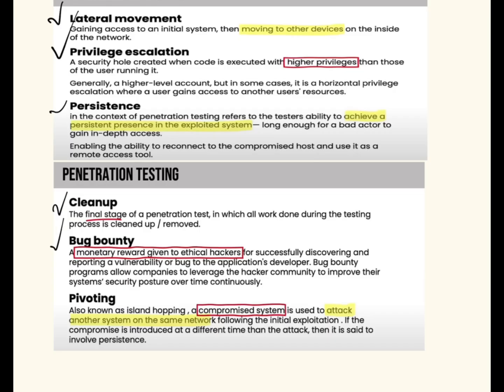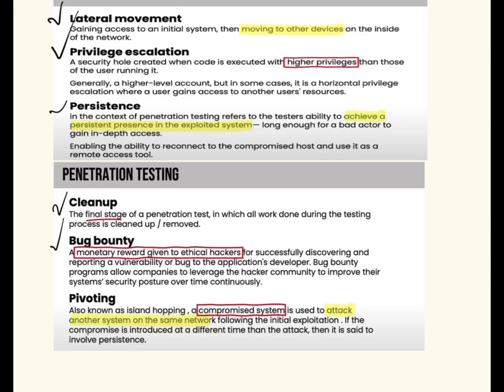Bug bounty: a monetary reward offered to ethical hackers for finding and responsibly disclosing security vulnerabilities. Those are ethical hackers. Who uses it? Companies like Google, Facebook, Microsoft, etc. The benefit is a cost-effective way to crowdsource vulnerability discovery from the global security community.